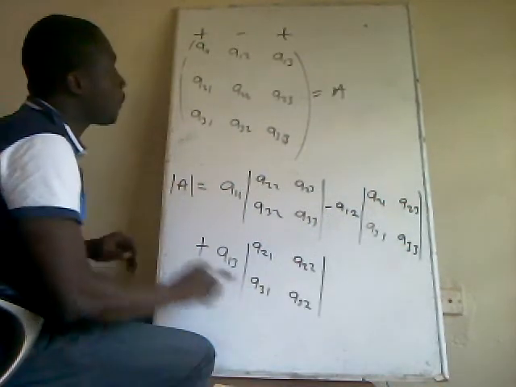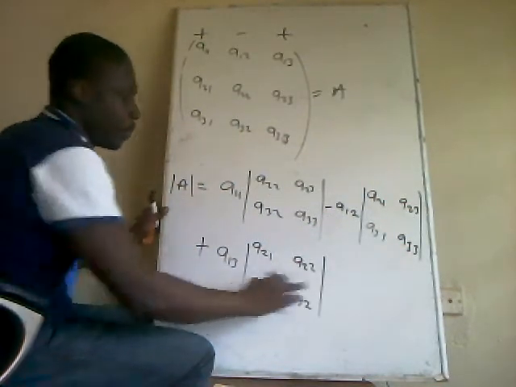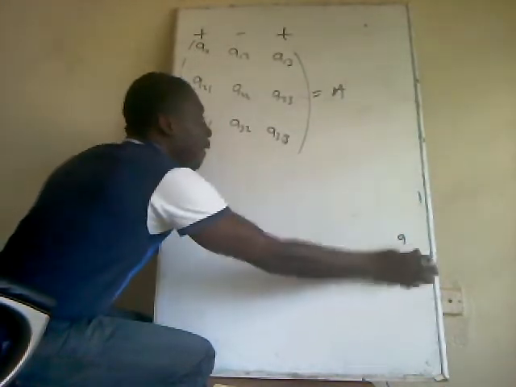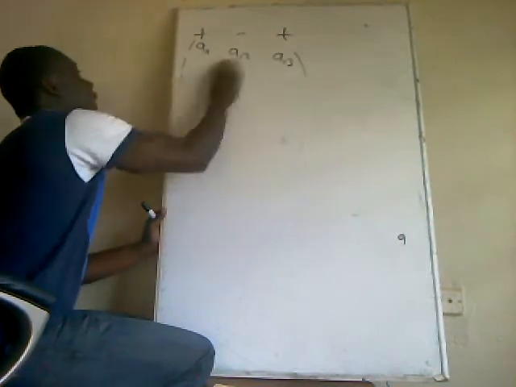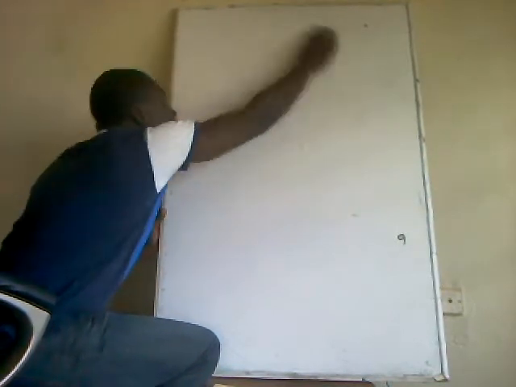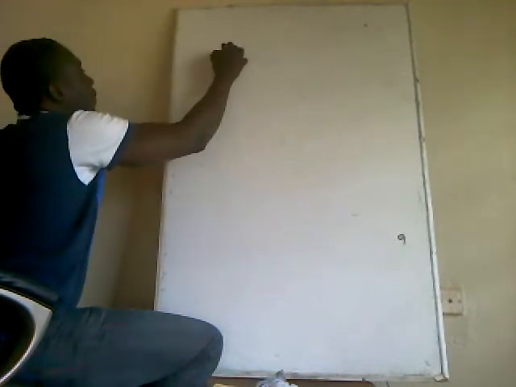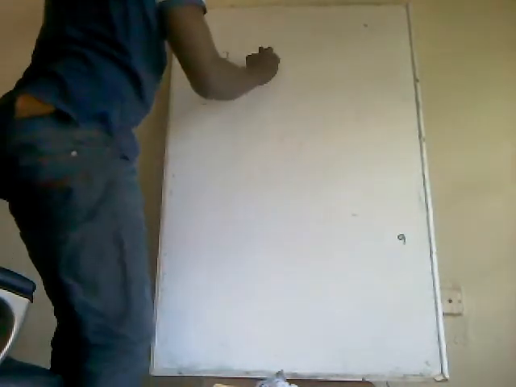An example. Let's find the determinant of a matrix with entries including 3 and minus 5.